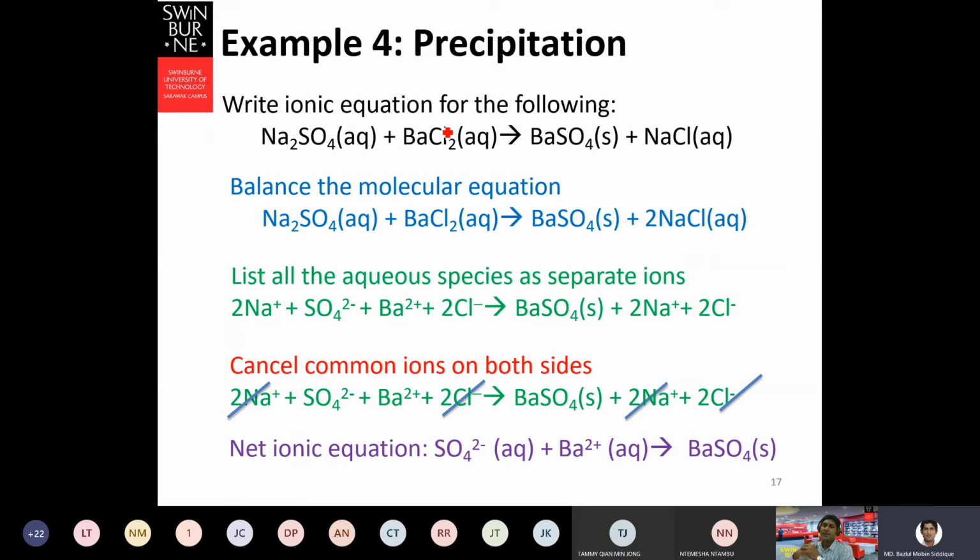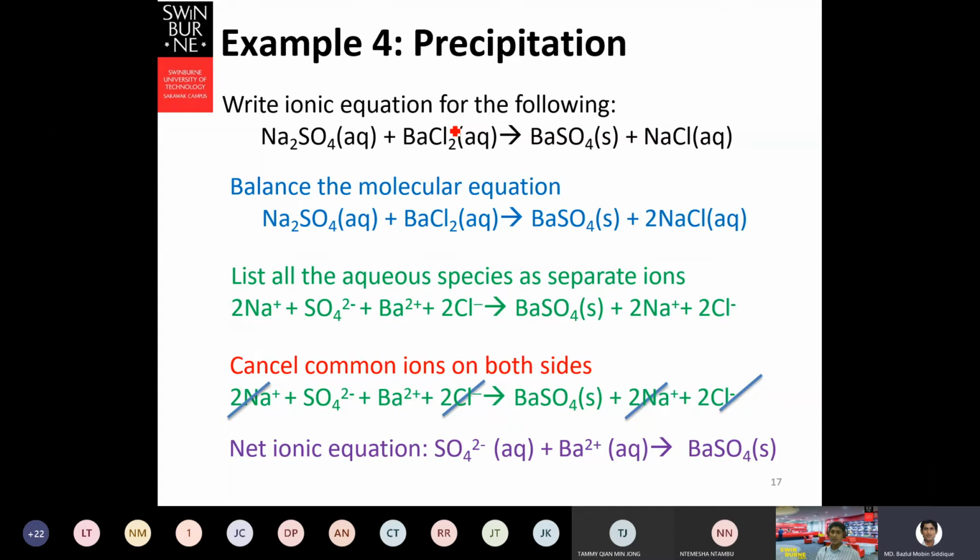Another example is for precipitation. When is there a precipitation? When the product does not get dissolved in the solution that is produced, or the mixture. So for this, we have to write the net ionic equation.